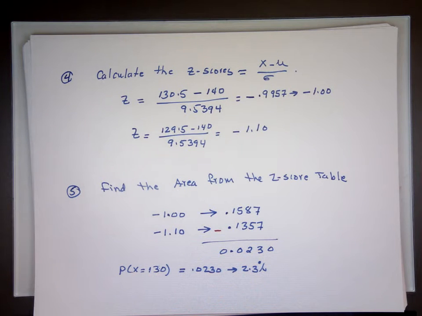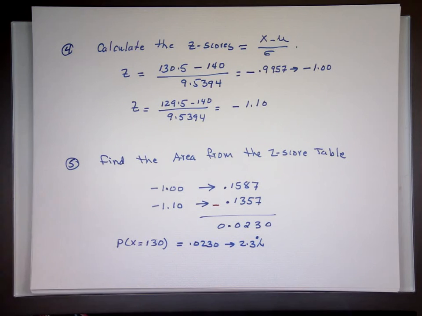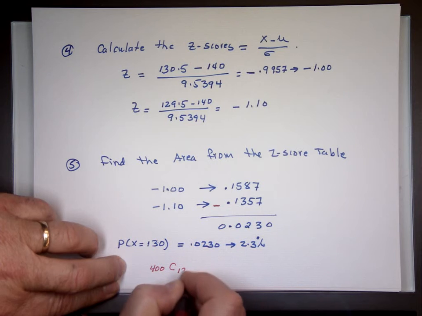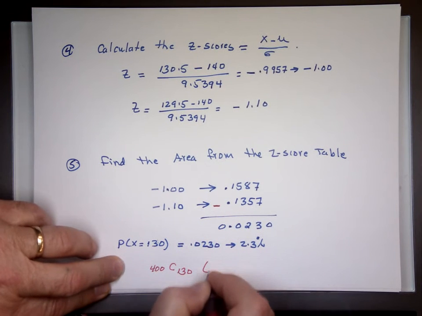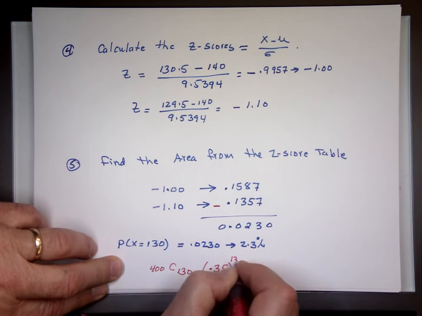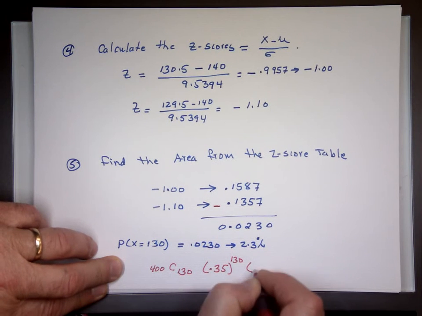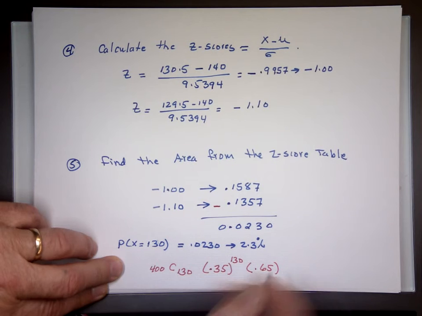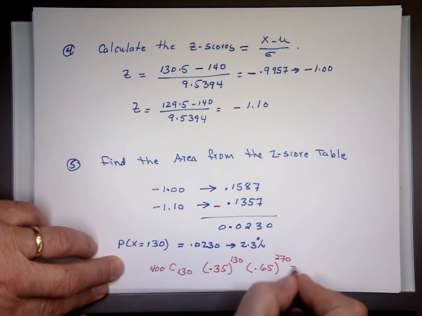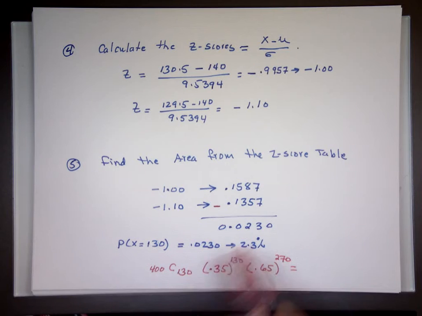The exact answer is 400 choose 130 times 0.35 to the 130 power times 0.65 to the power of 400 minus 130, which is 270. That's the exact answer. It should be close to that number.